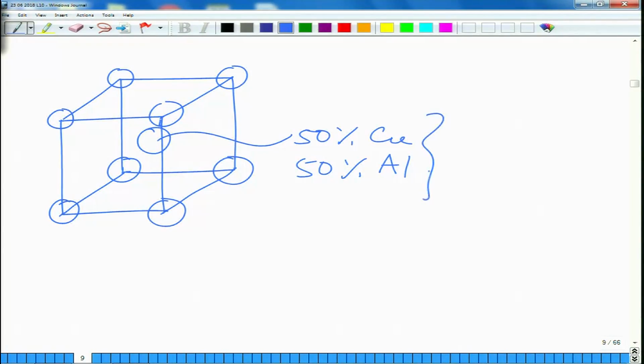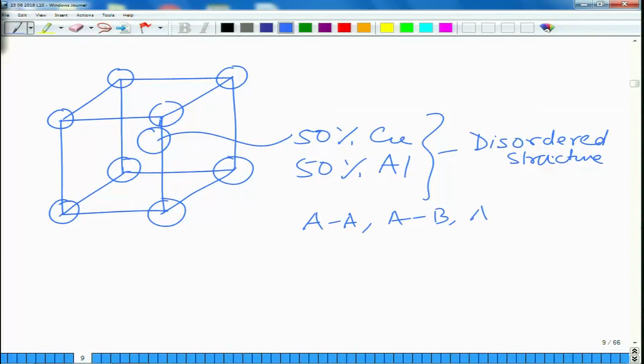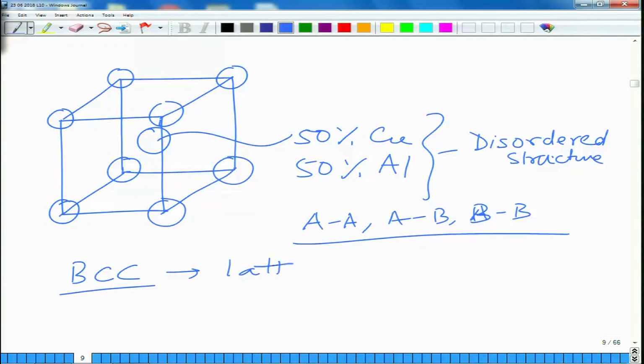As a result, this makes a disordered structure, which means AA, AB and BB bonds are equally probable. In such a scenario, this makes a BCC structured lattice, but in a disordered form. So, each atom is mathematically considered as 50% copper and 50% aluminum.